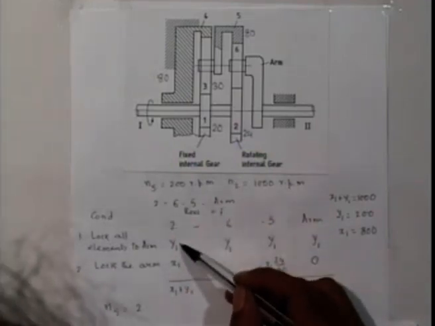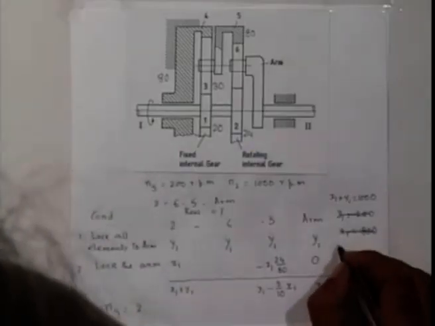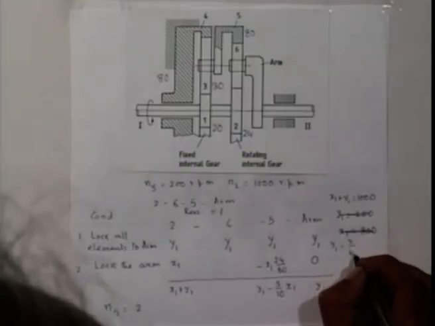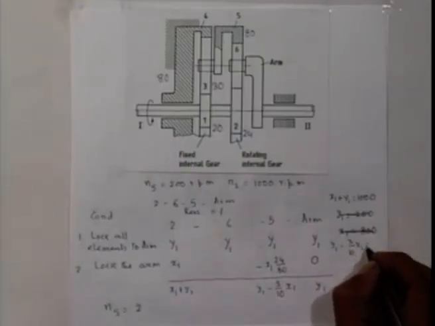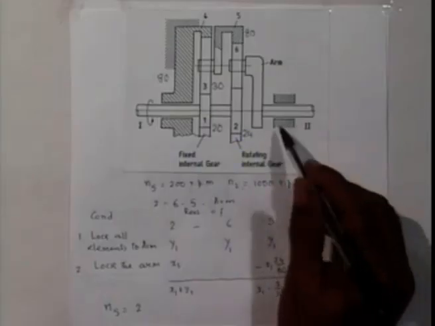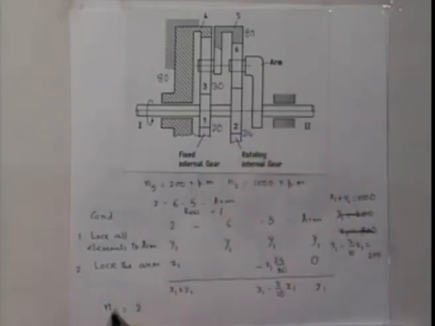n2 is x1 plus y1, which is 1000, and n5, which is y1 minus 3 by 10 x1, and that is equal to 200. And we have to find what is the speed of the arm, n arm, that is output speed, which is nothing but y1.